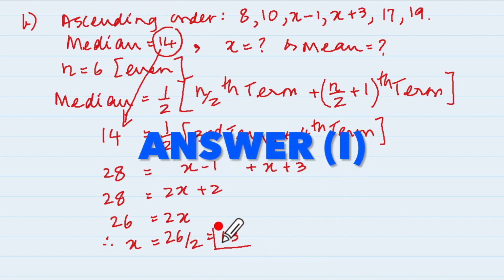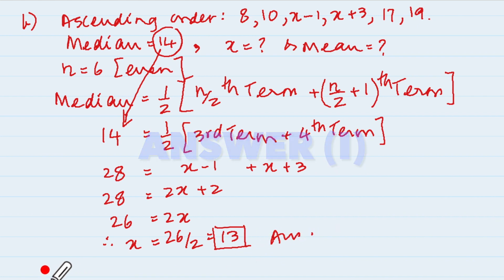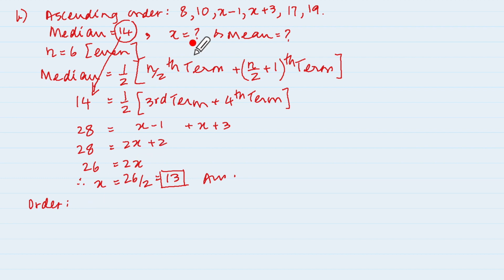So that is our first answer. Okay, so therefore the order of the values is 8, 10, 13 minus 1 means 12, 13 plus 3 is 16, then we have 17 and 19.